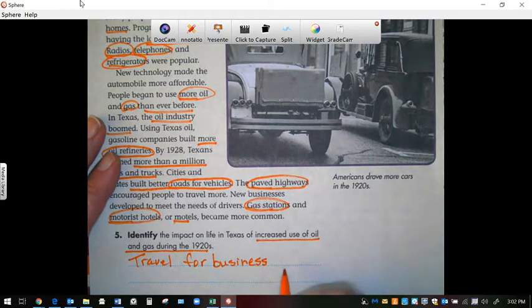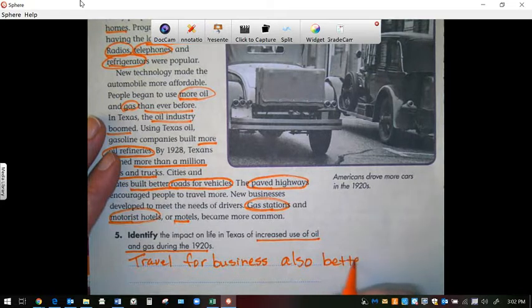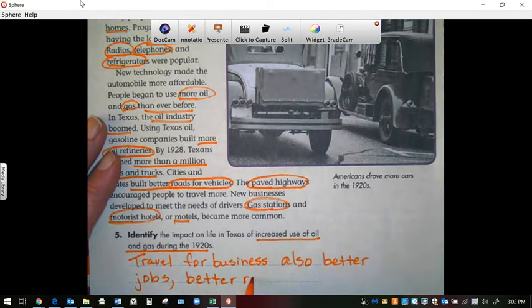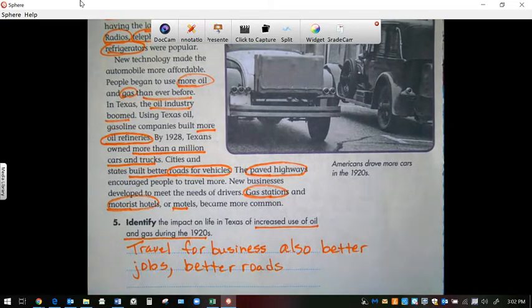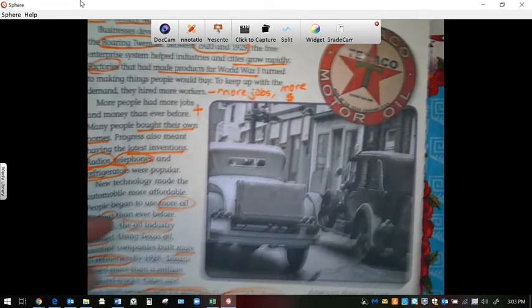And there were also better jobs and better roads. Okay. All right. So also, you see all the things that happened in the 1920s. Texas started booming.